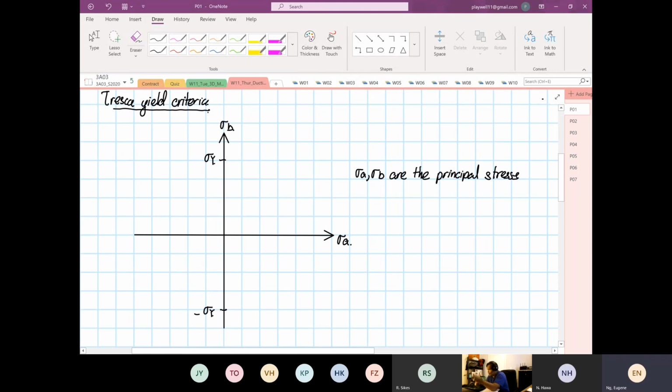So from Tresca, the yield magnitude for tensile and compression loading is the same.